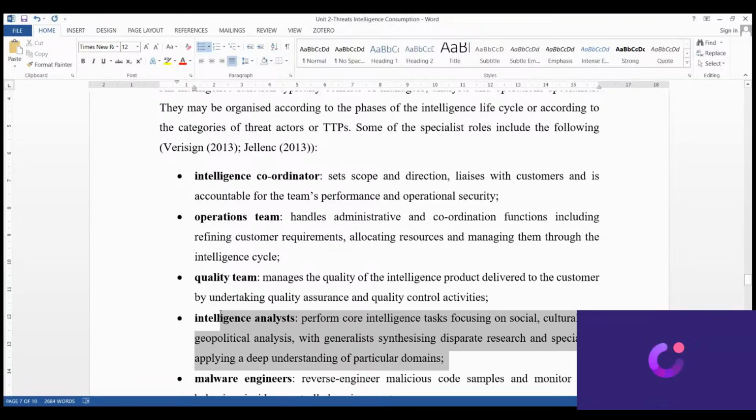So that is what these colleagues do. This is the role of the intelligence analyst. They perform core intelligence tasks by focusing on social, cultural, and geopolitical analysis. So their duty is more on the aspect of analysis.